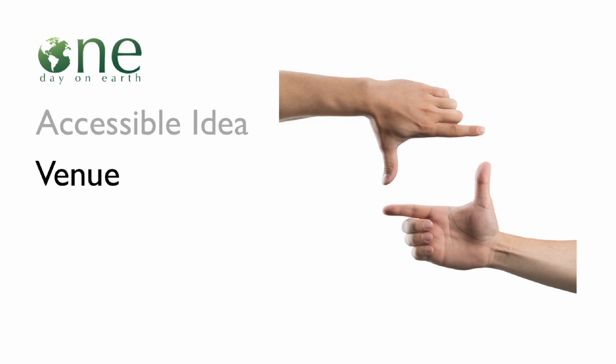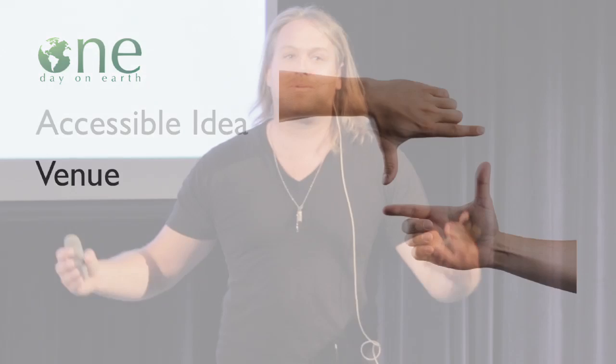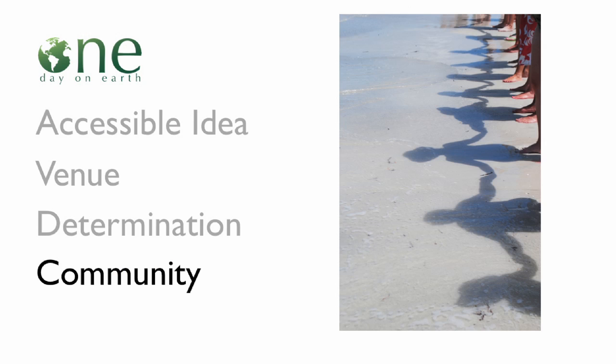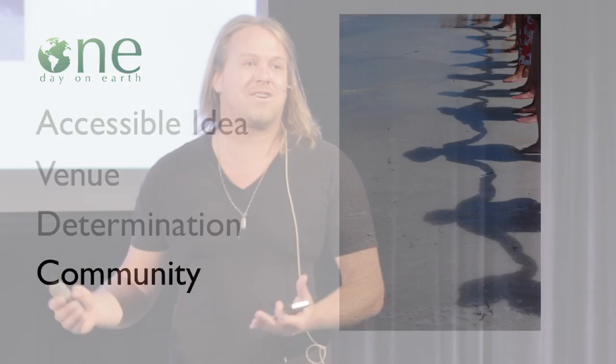We created an online space and a website, a place for people to participate in the project, which is really important when you yourself are not going to do everything. Third, determination; I can't tell you how many sleepless nights it takes to do something in every country in the world. And last is that we focused on making a community around the project, not just a production company or a foundation.